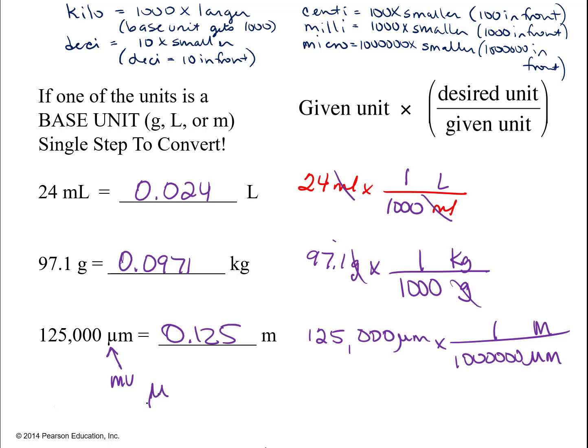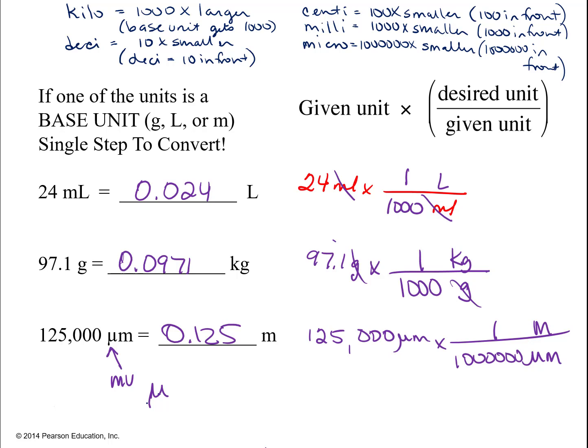So if it's bigger, would you tell it to divide? No. It depends on what I'm converting. So notice I'm going from grams, which is really little, to kilograms, which is really big. So see my number gets smaller?